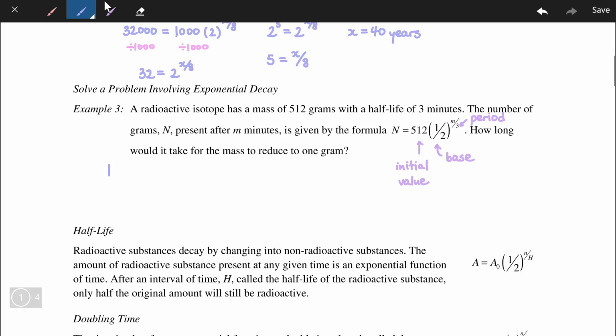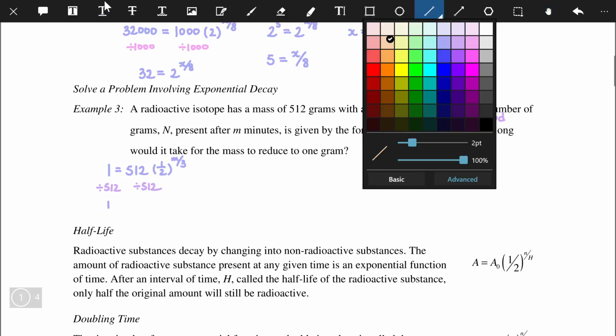So we can set it up as 1 is equal to 512, and then 1/2 to the m over 3 power. We can divide both sides by 512. So on the left-hand side, we have 1 over 512.